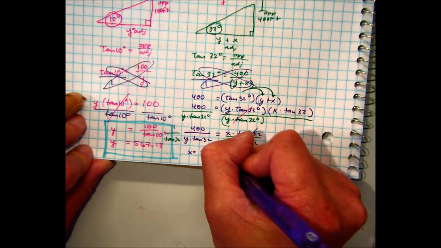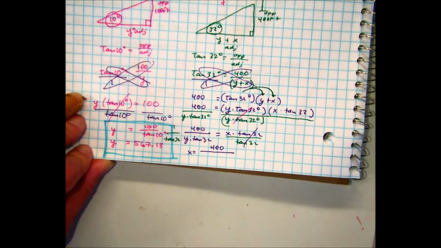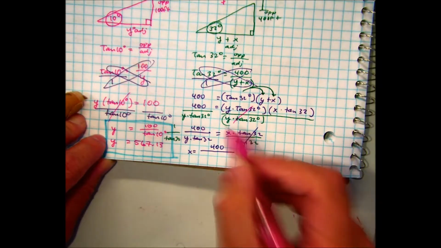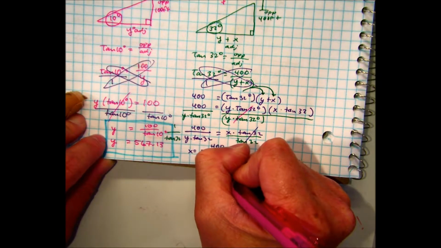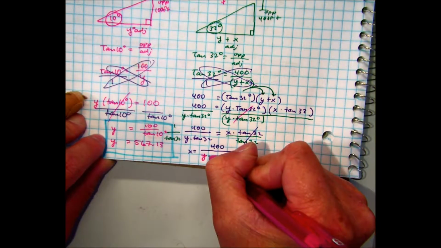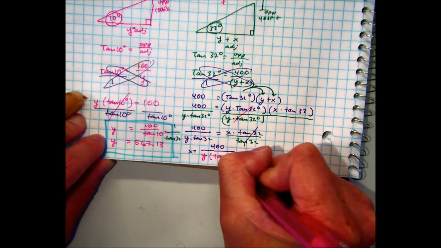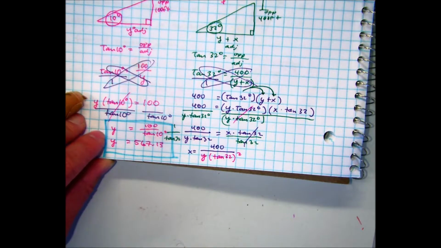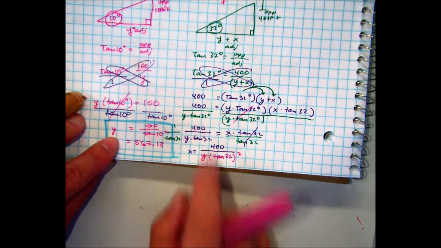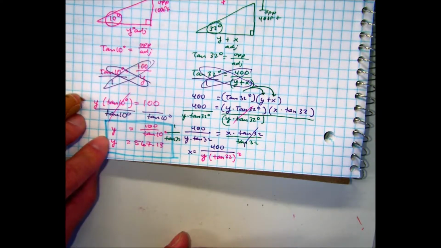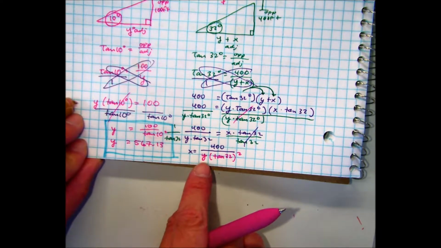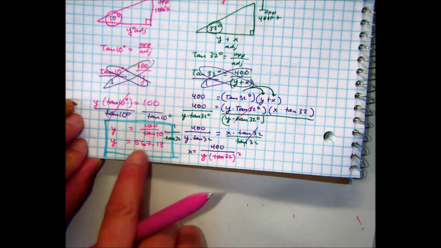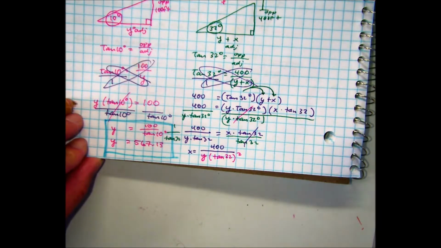Just the 400. I have a y times the tangent of 32 squared. You see that? Because it's tangent of 32 times tangent of 32. Uh-oh. Where's that y from? Over here. Do you see it?